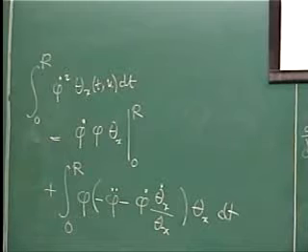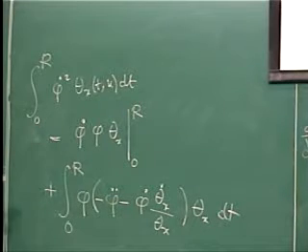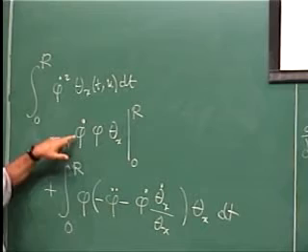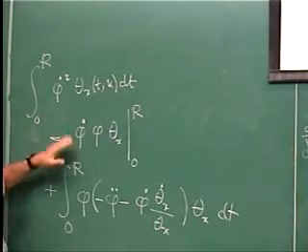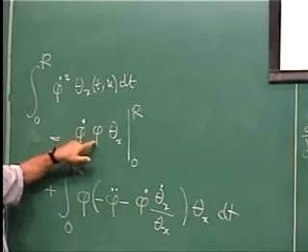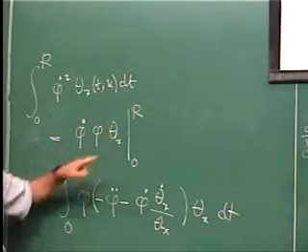So this is just integration by parts. Now if you look at this, this vanishes at 0, so nothing happens at 0, and phi vanishes at r. So this term here disappears.